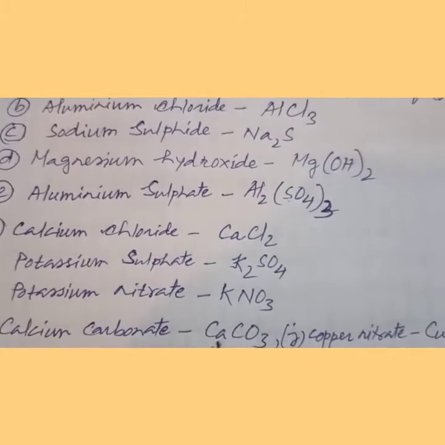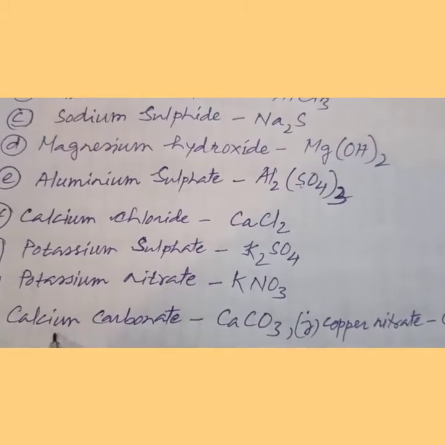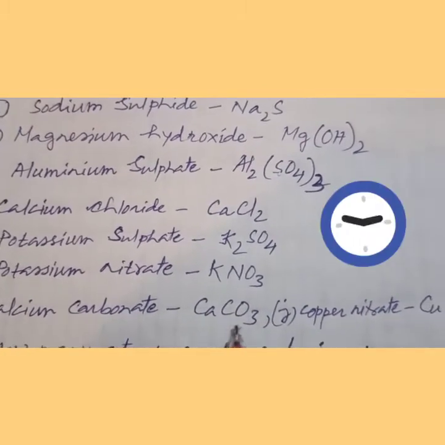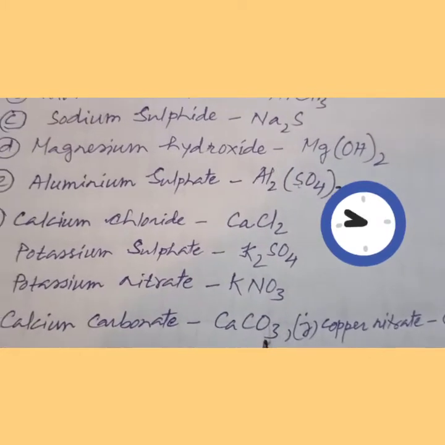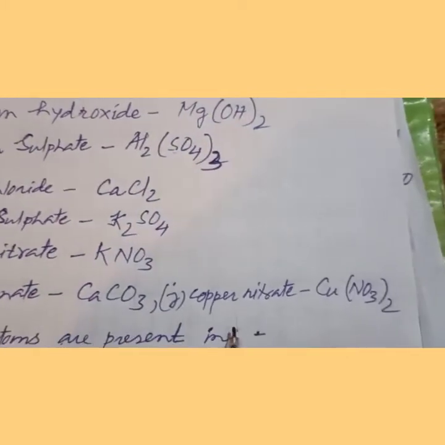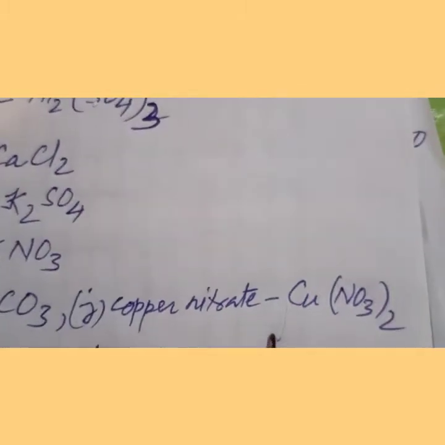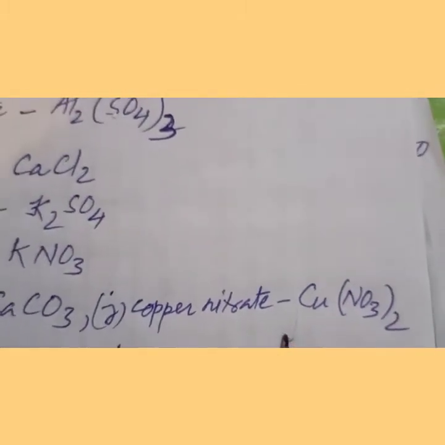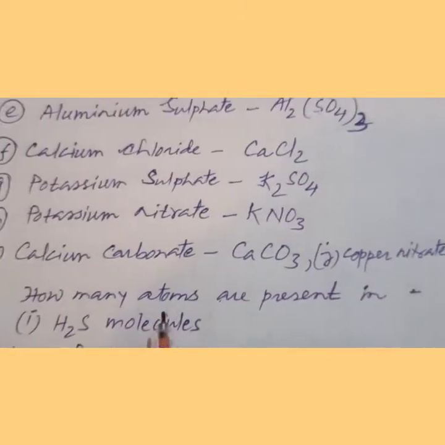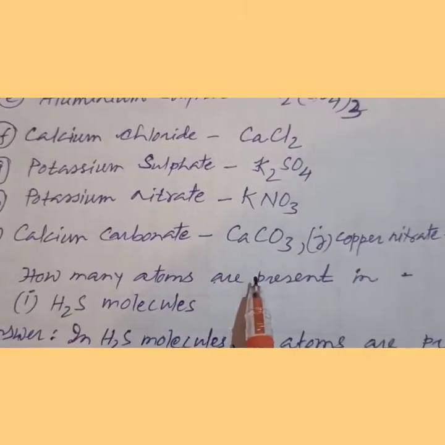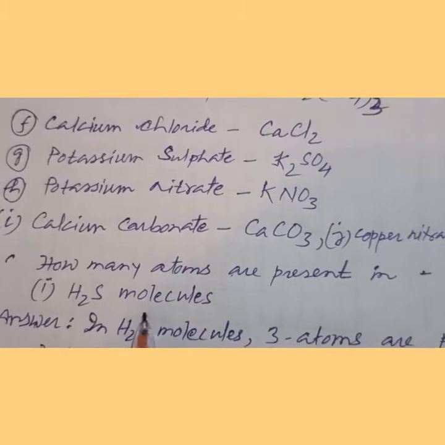Or if it is given like this, write the formula of calcium carbonate, then you write CaCO3, okay, that is the difference. Copper nitrate CuNO3 2, okay.